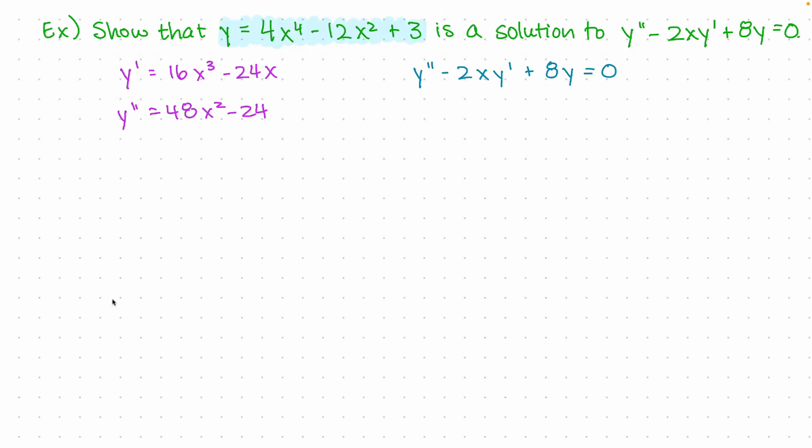Well, we're not going to solve anything higher than a first order. All right, so y double prime is 48x squared minus 24, minus 2x times y prime, which is 16x cubed minus 24x, and then plus 8y.